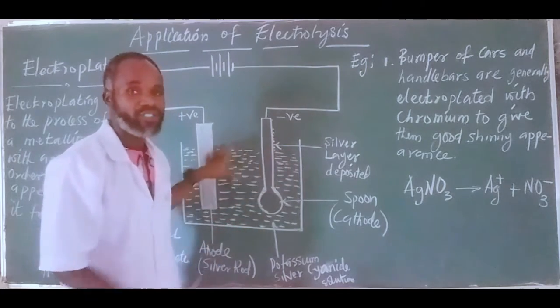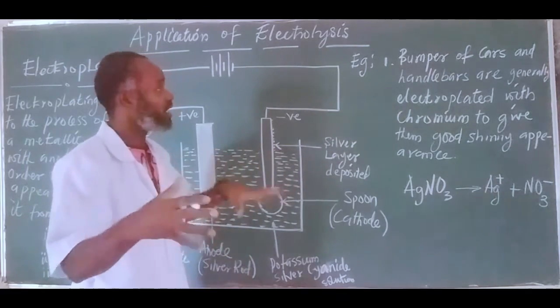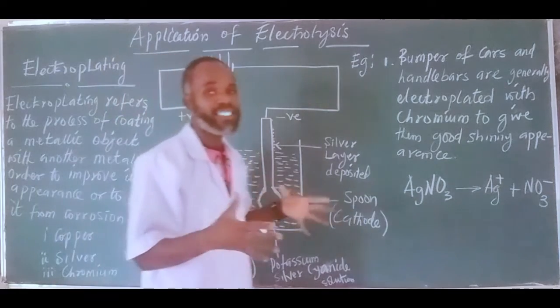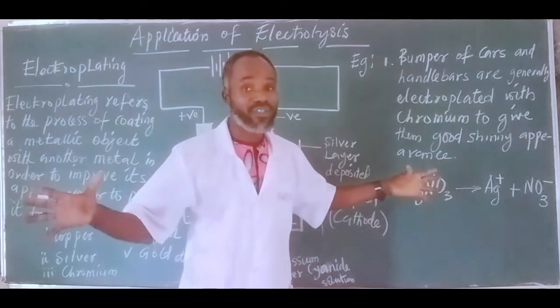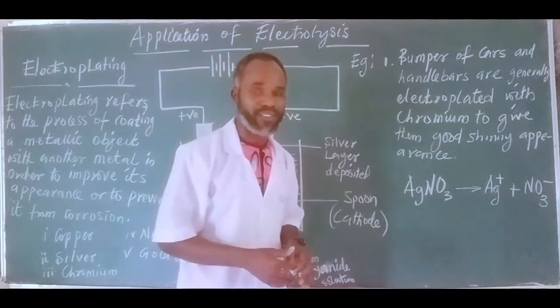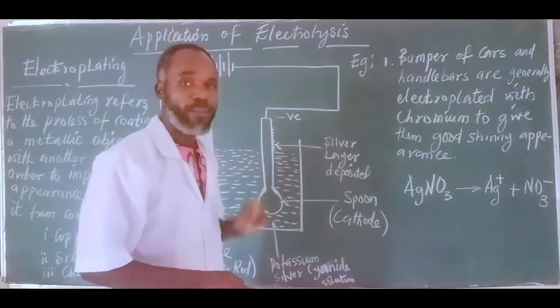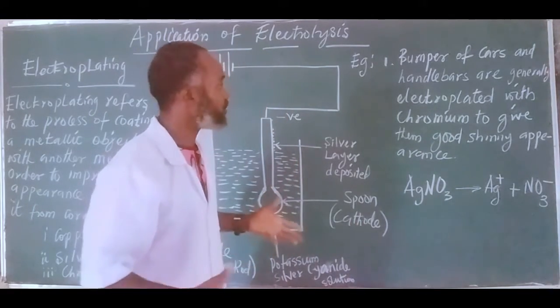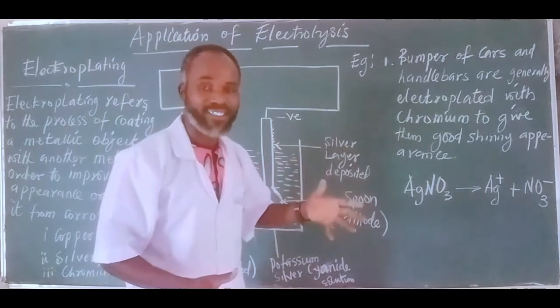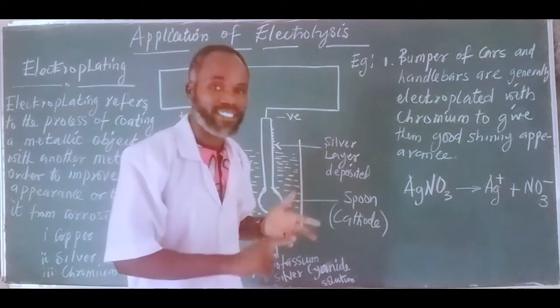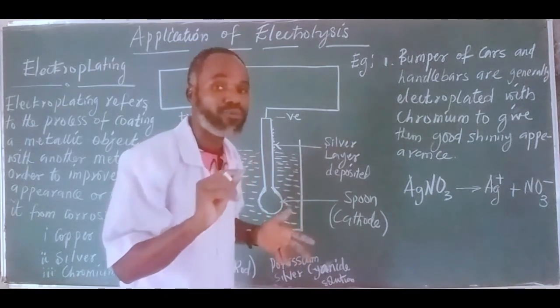But before we go into all this, we need to understand that electroplating finds wide application in various materials. For instance, the bumpers of vehicles and the handlebars of motorcycles and bicycles are chromium electroplated.